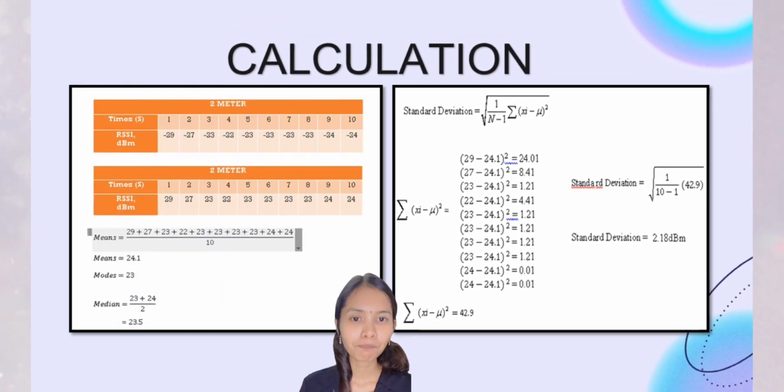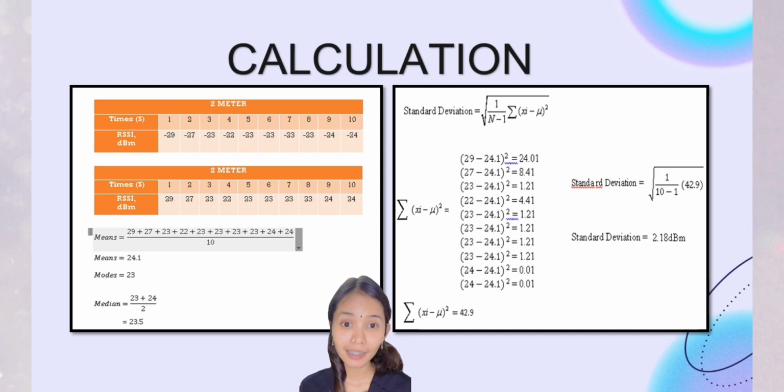For 2 meters, the mean is 24.1, the mode is 23, the median is 23.5, and lastly the standard deviation is 2.18 dBm.